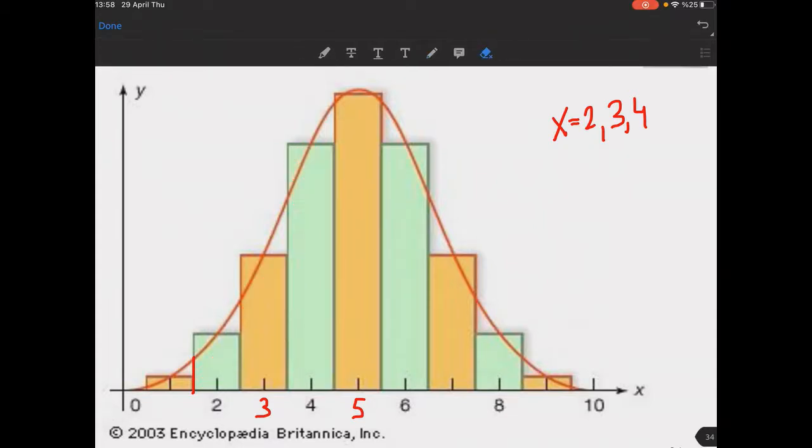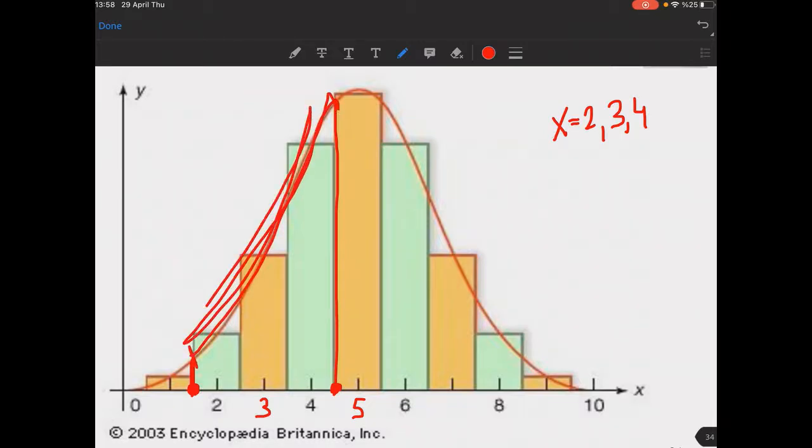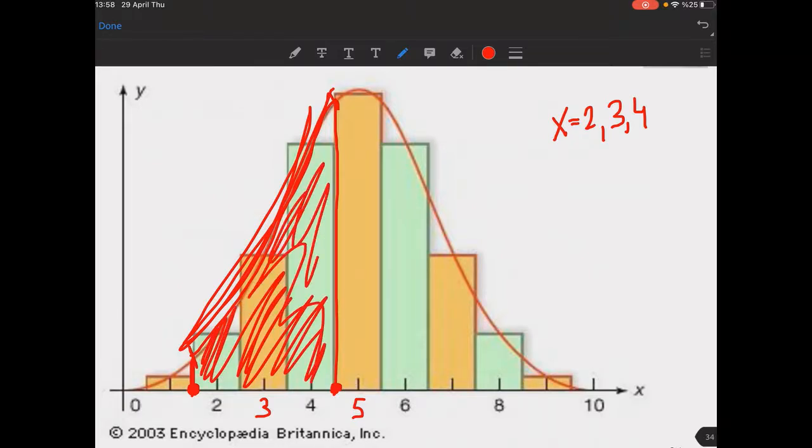But what if I take these particular points and calculate the area under this curve part? If I calculate the area around this curve part in the normal distribution, I will get approximately the same value.